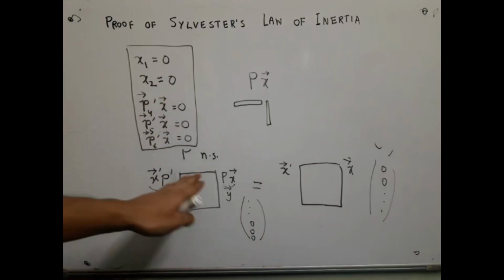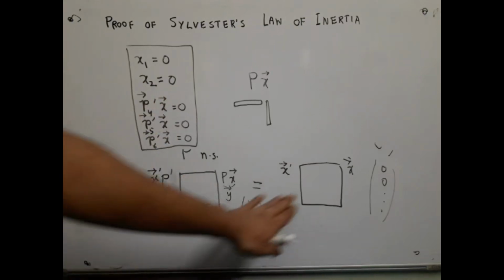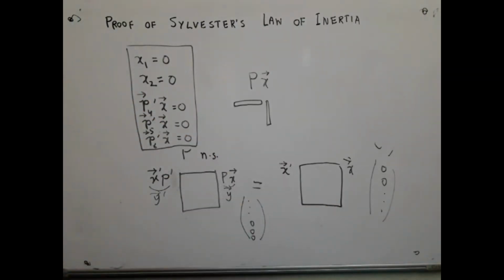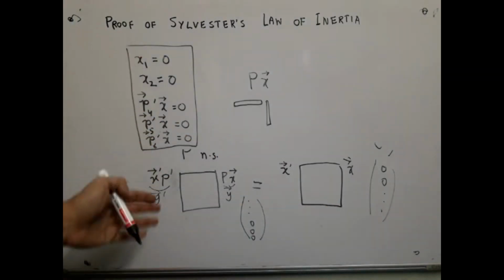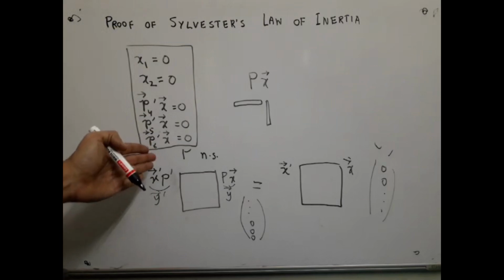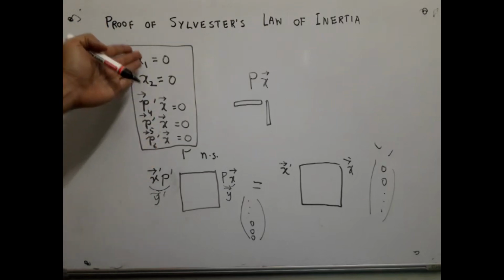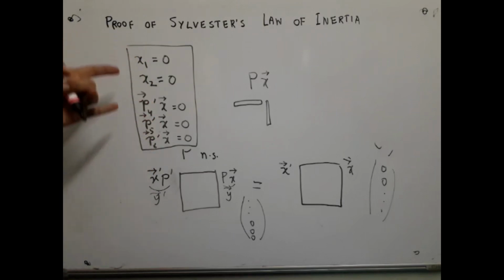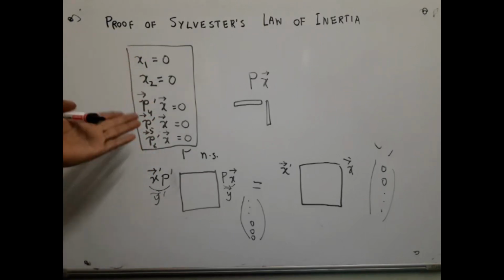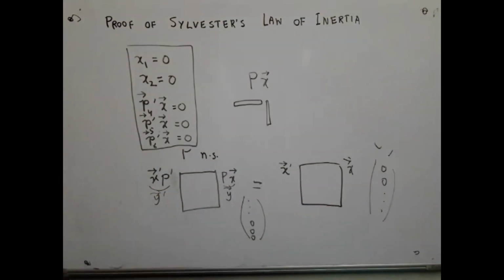And that is what will guarantee that this will be strictly positive, whereas this would be non-positive. So I can always get a non-null vector x which will satisfy all these conditions because there are 6 unknowns and only 5 restrictions. And that shows that it is always possible to do this.